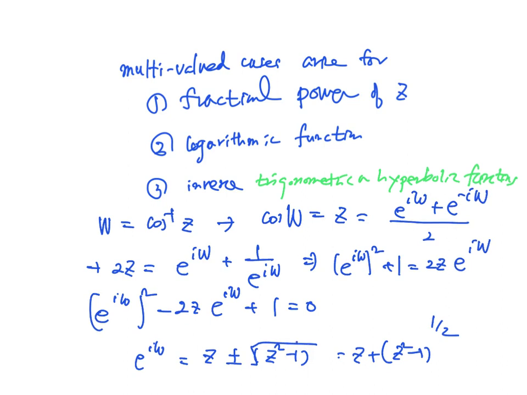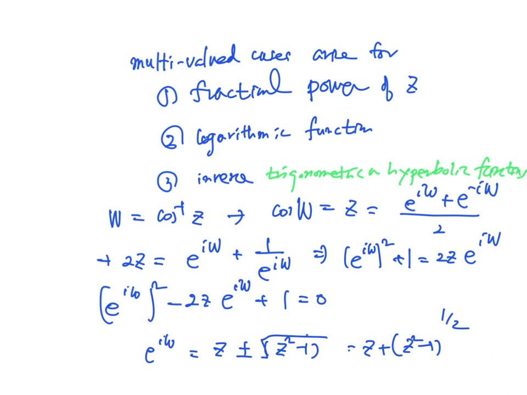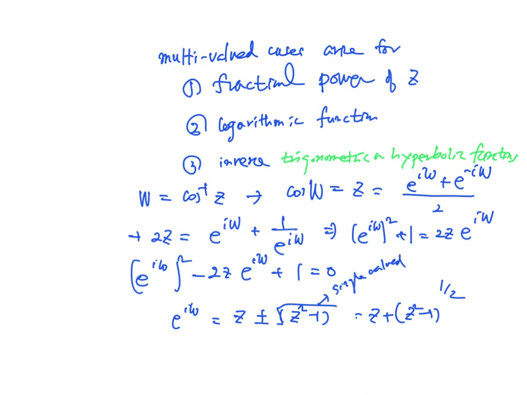So when you say this form is for single valued, you can either put plus, minus, or just 1/2. Then iw is ln of z plus (z squared minus 1) to the 1/2. w is minus i ln z.